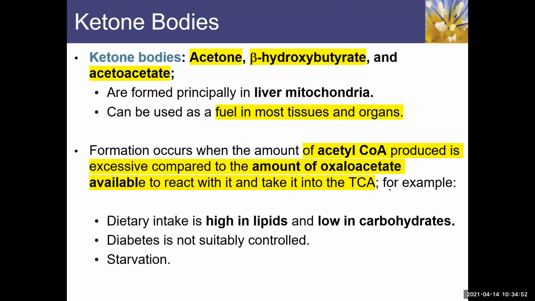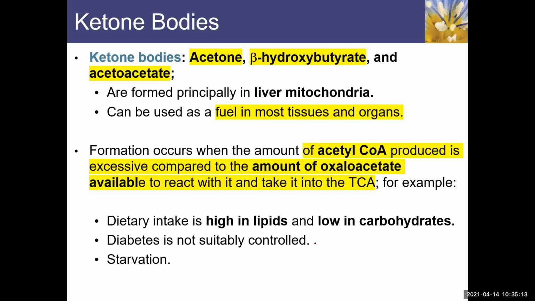Even in starvation, even when we are fasting, our liver is flooded with acetyl CoA because we start using fat as the source of energy, because we are not eating carbohydrates, but the body has to go on. The body cannot stop.